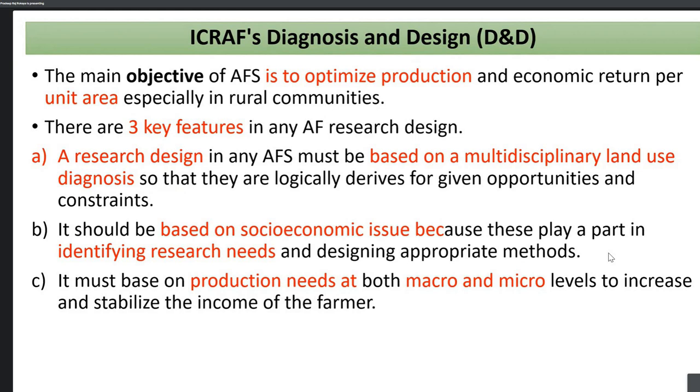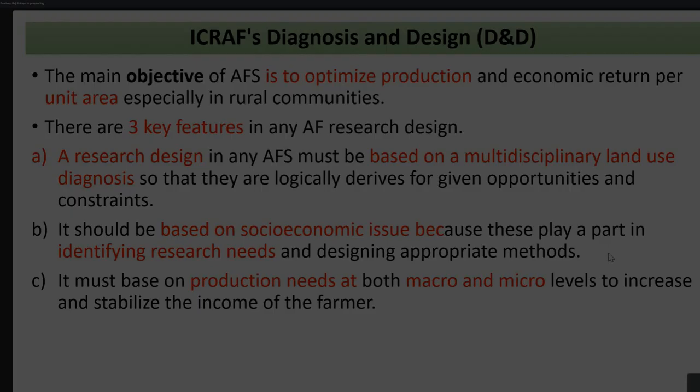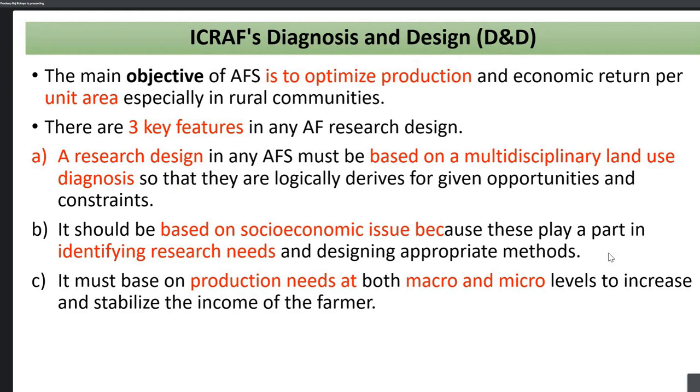First, research design in any agroforestry system should be based on multidisciplinary land use diagnosis. Multidisciplinary means the team is composed of different expertise. The research team should not have expertise of only one kind; there should be a sociologist, a horticulturist, a forester, an agriculturist, and an extensionist, a multidisciplinary team.